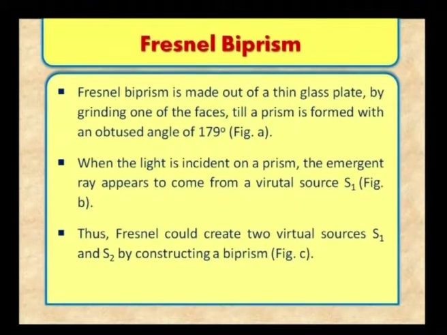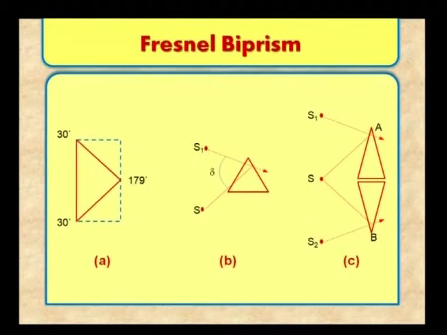The angle subtended by the 2 faces will be 179 degrees. If the angle is 180, it is plane. When light is incident on the prism, the emergent ray appears to come from a virtual source S1, as shown in the following figure. Thus, Fresnel could create 2 virtual sources S1 and S2 by constructing a biprism.